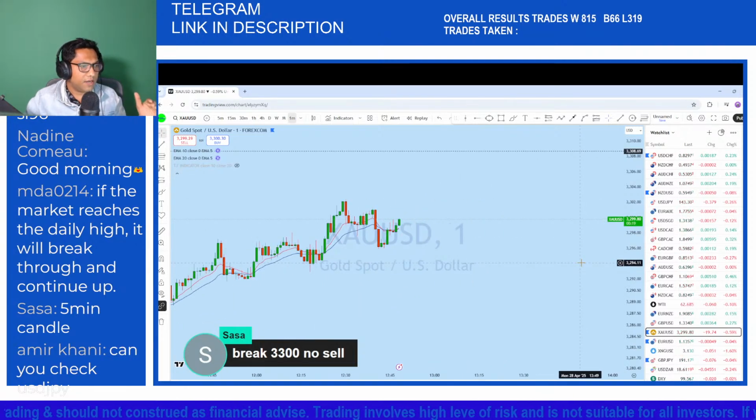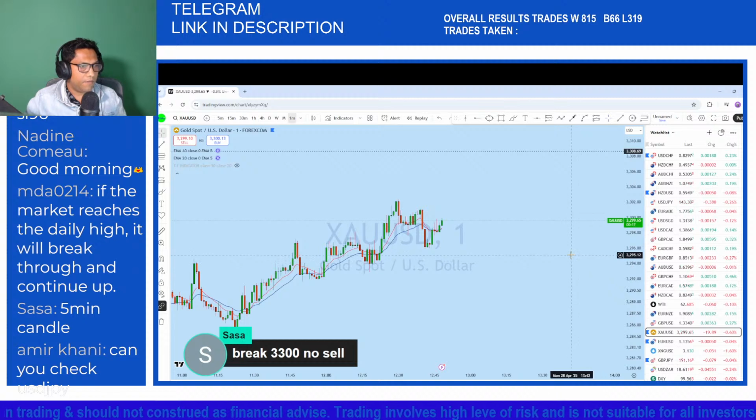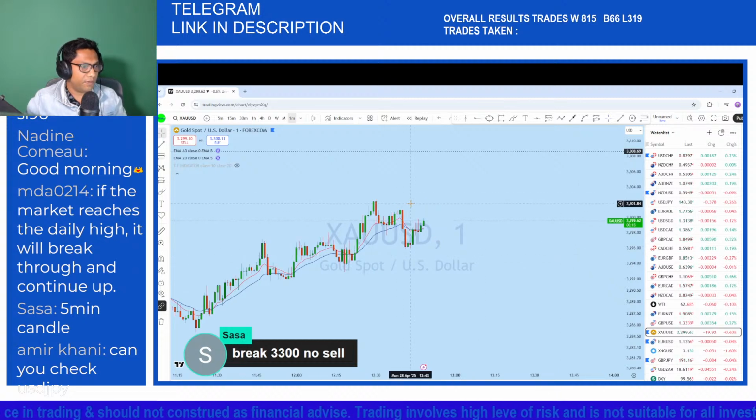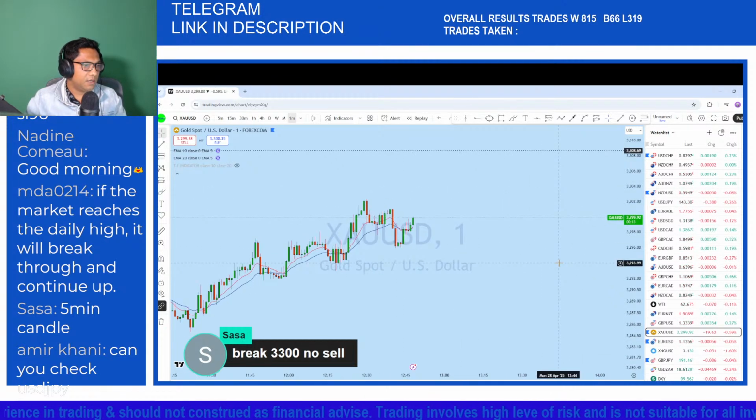So now with that 4-hour, if we look at the lower time frame, it's approaching that resistance line.